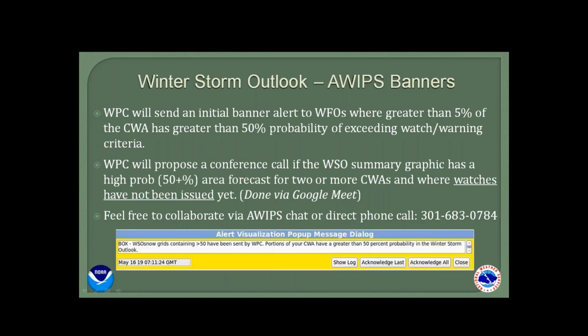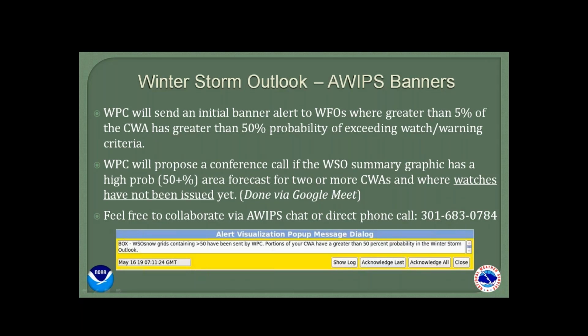And so for the collaboration, I think WPC is still sending an initial banner if more than 5% of our CWA has over 50% probability and we don't have any products out. They'll send a banner once that criteria is met. If we don't have any products out, for 2 or more CWAs, they'll call us or initiate a conference call to discuss it.